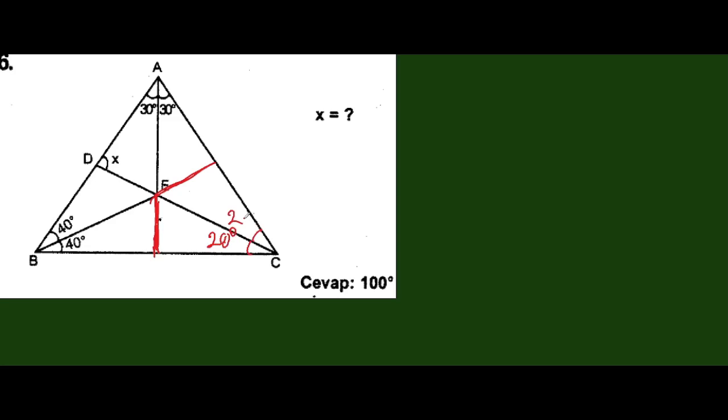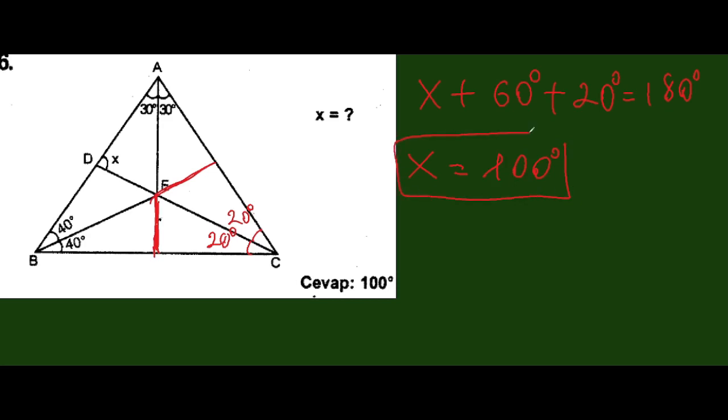And we can say that x plus 60 degrees plus 20 degrees has to give us 180 degrees from the triangle ADC. And x here will be 100 degrees, which is the correct answer.